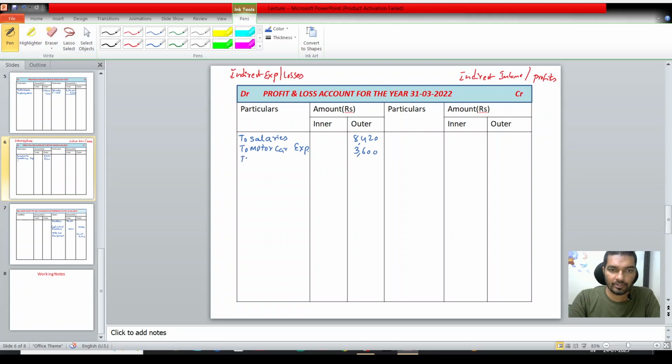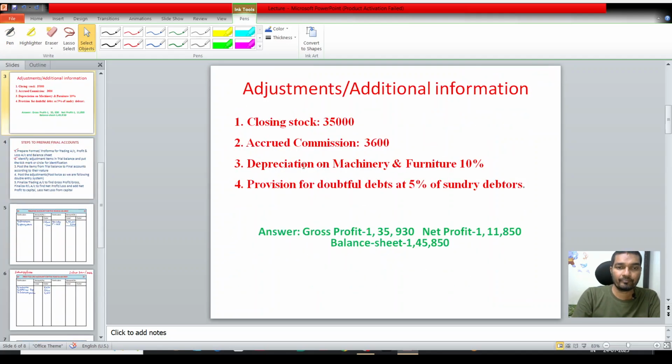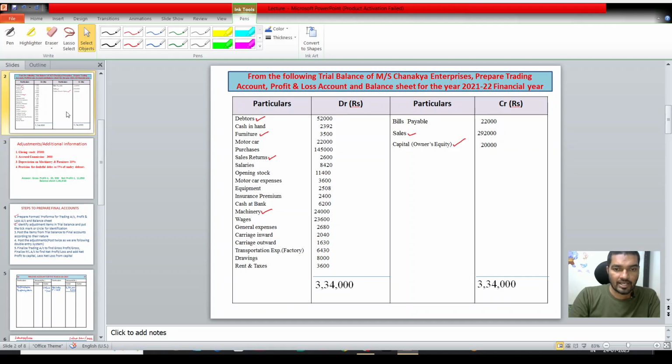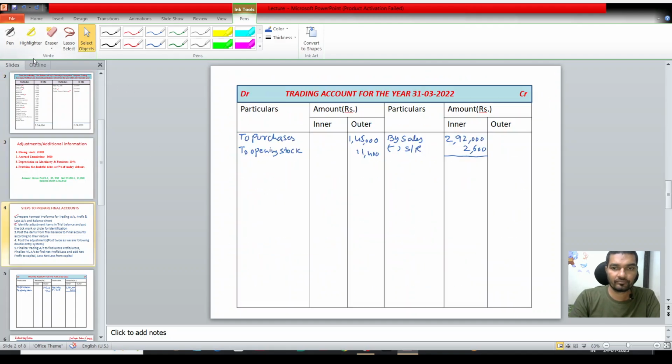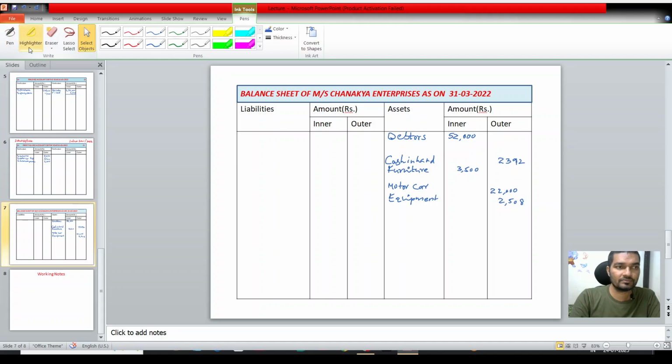To insurance premium, no adjustment on that, so directly we can show in the outer column. Cash at bank is an asset to company, cash at bank, 6,200.